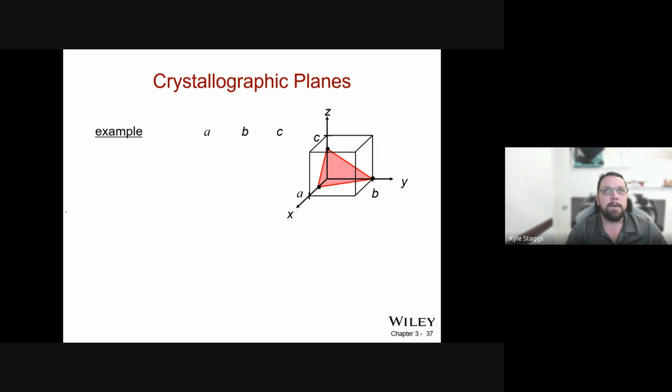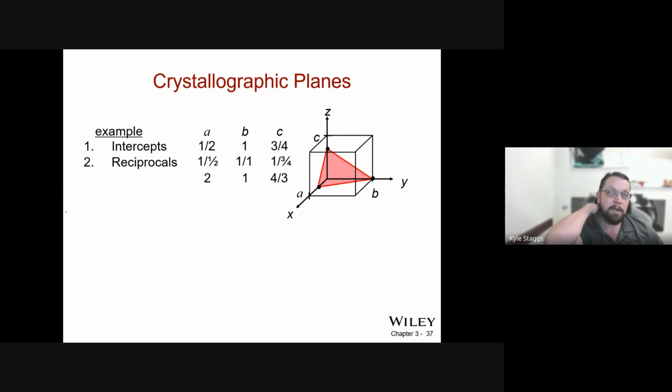Here is a triangular example. We can represent this with c being a different fraction. So one half, 1, and 3/4 might be our intercepts for the crystallographic plane. Then we have 1 divided by 1/2, 1 over 1, 1 over 3/4, so we get 2, 1, and 4/3.